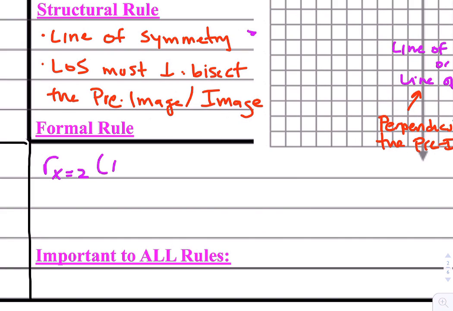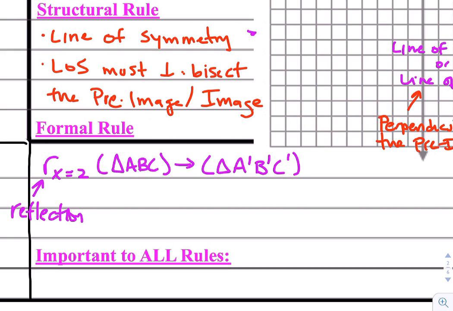Okay, we have to identify a pre-image, which was triangle ABC. And we have to identify our image, which is going to be triangle A prime, B prime, C prime. And so again, that R stands for reflection. This is going to be important information, the one that basically identifies this as being a reflection, which is going to be the line of symmetry.